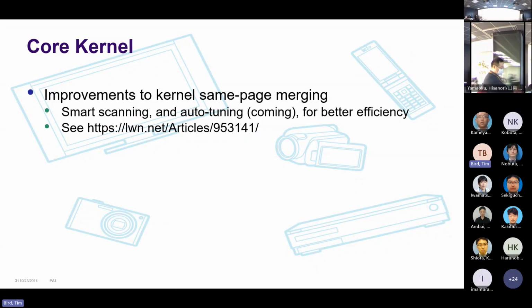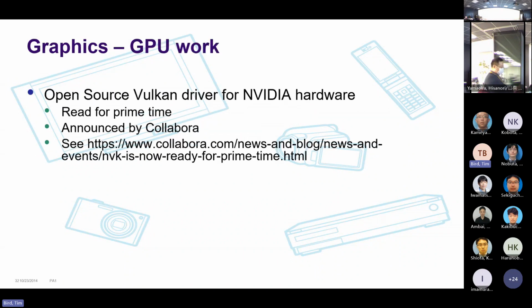There are some workloads where this works really well. There have been some improvements on how those pages are scanned for, some auto tuning, and so if you're interested in this memory technique for reducing the amount of memory you're using, that's something that was just added.